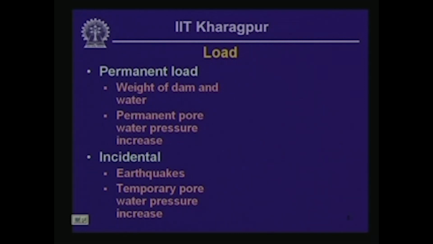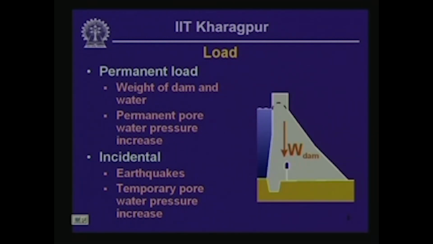These include the weight of the dam and water, and permanent pore water pressure rise. Loads, on the other hand, could be incidental. Such loads include earthquakes, temporary pore water pressure increase, or wave loading because of winds or other factors such as earthquakes. Now, let us consider these things using a few sketches.